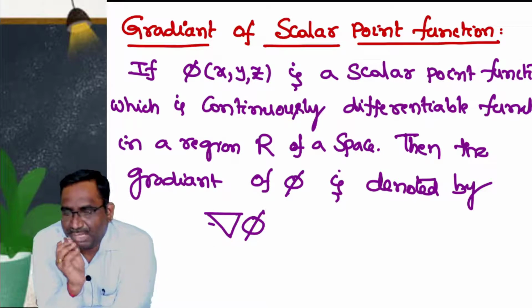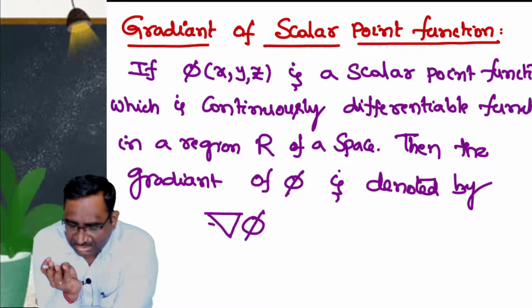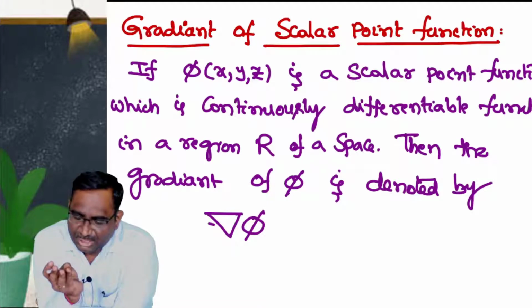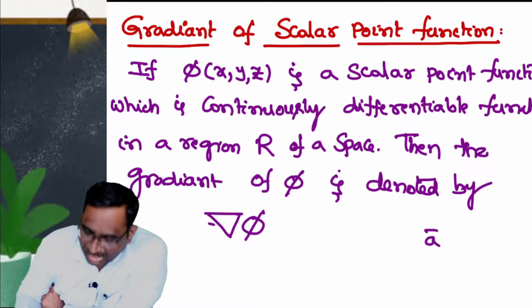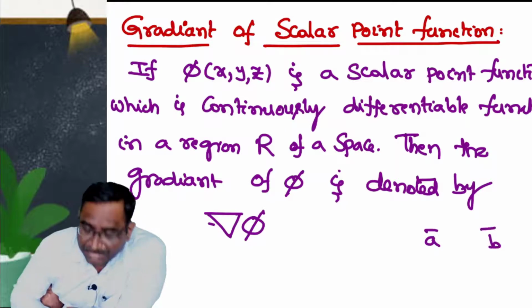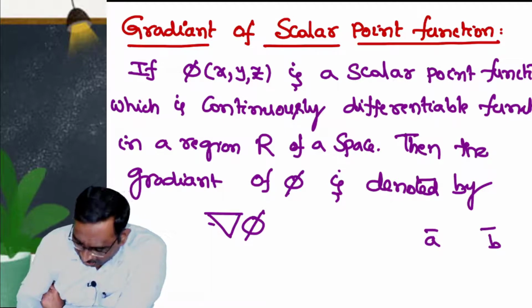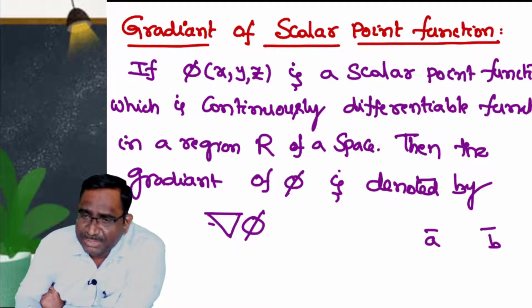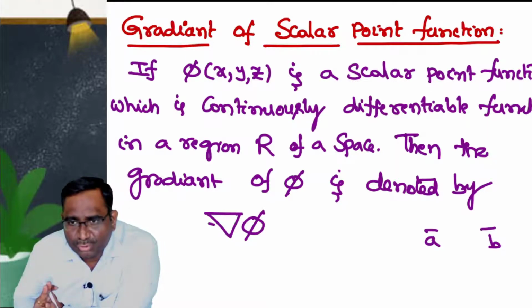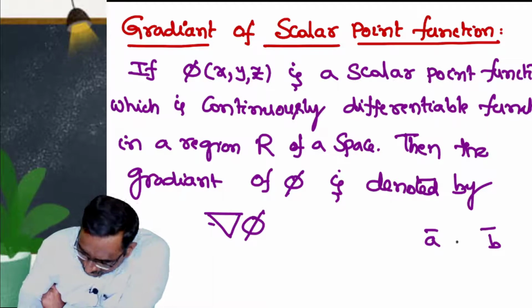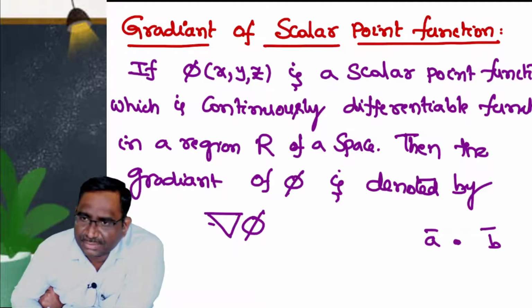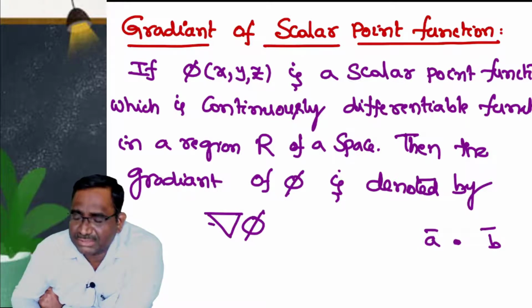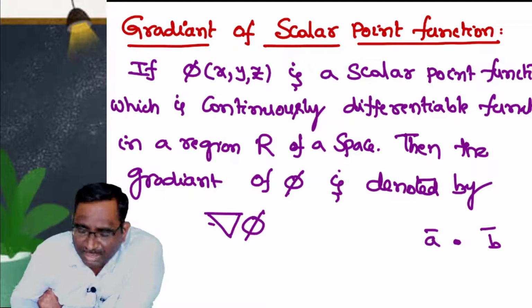See, if we are having a vector, suppose let it be a vector A bar, another vector B bar. When we take some operations between these two vectors, we are having two things. One is a dot product between two vectors, and we get a scalar quantity. What is the definition of A bar dot B bar?